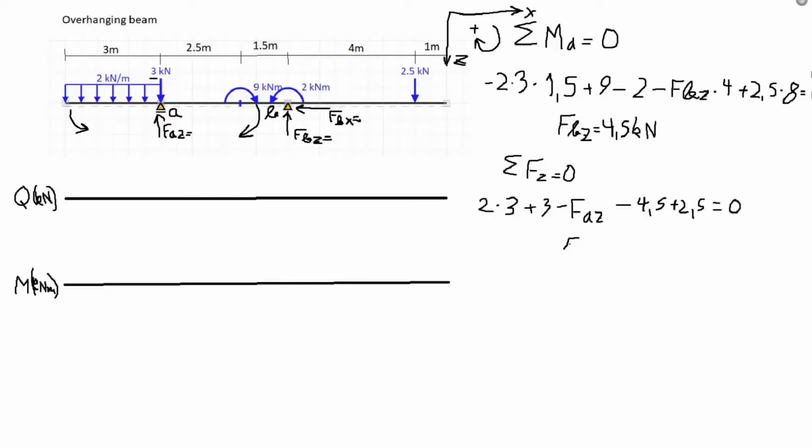And now let's calculate: FAZ is equal to 7 kilonewtons.